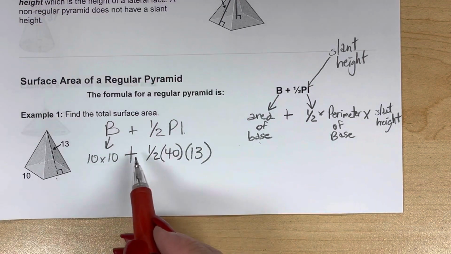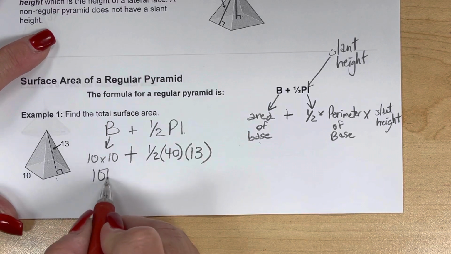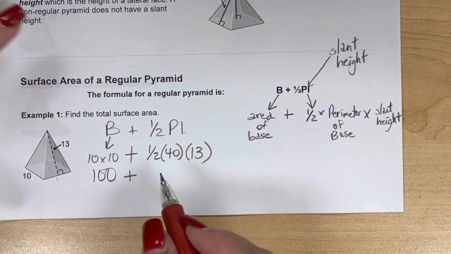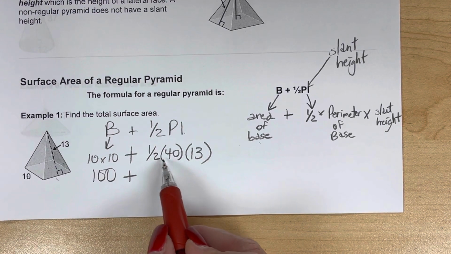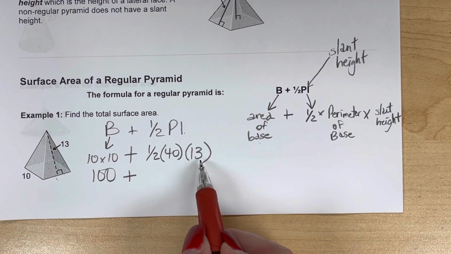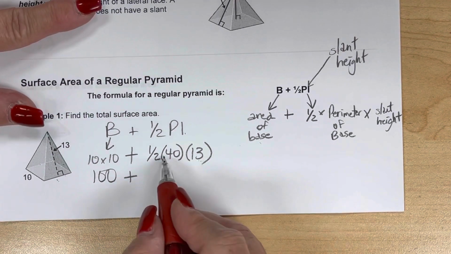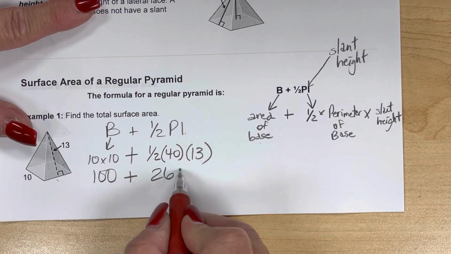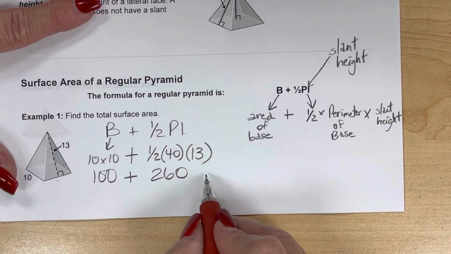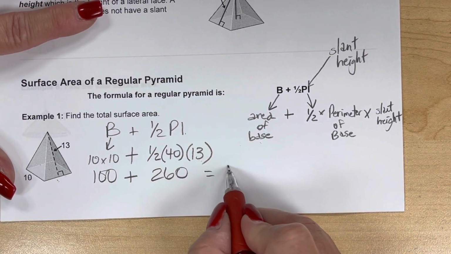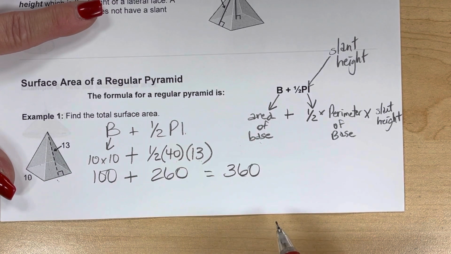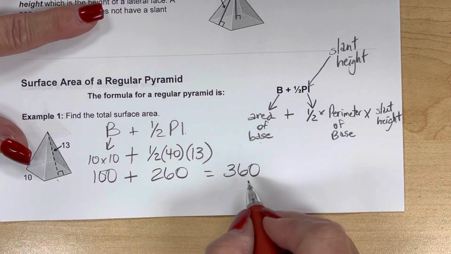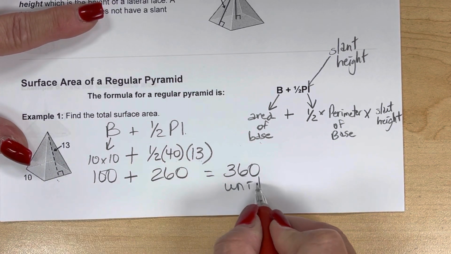Okay, so 10 times 10, of course, is 100, plus 1/2 times 40 times 13, and when you do that, you get 260. Add those two together, and your total surface area is going to be 360. It doesn't tell me, so that would be square units.